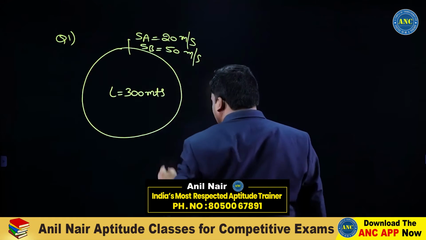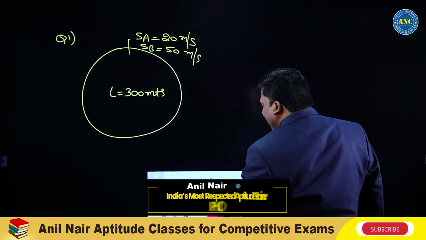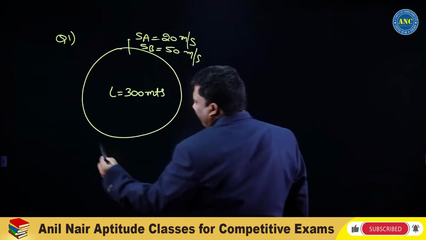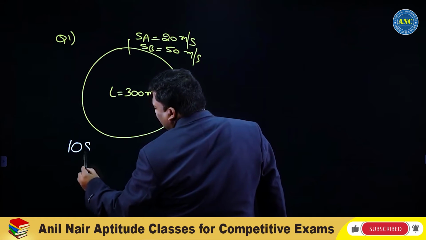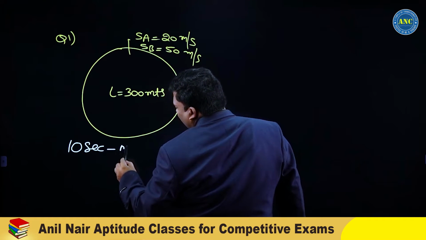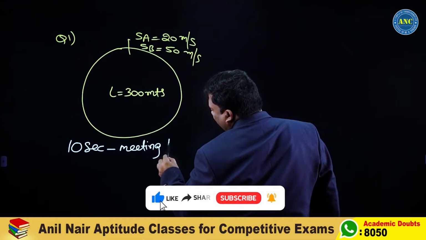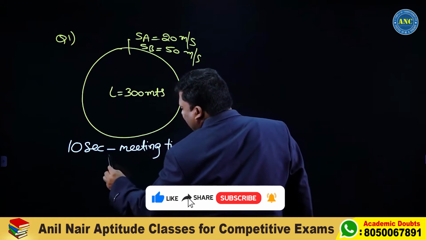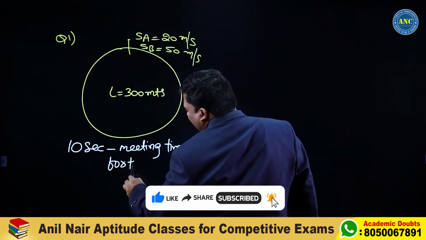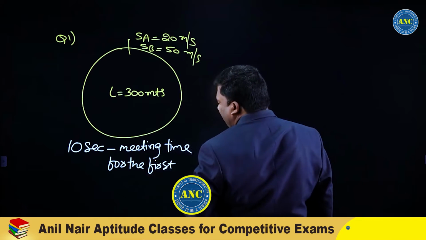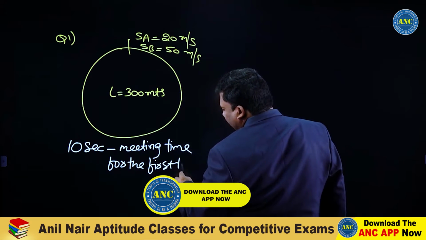After how much time will they meet? After 10 seconds they will meet. 10 seconds is the meeting time for the first time. Let us see it in the diagram. That means, in other words, for every 10 seconds they will keep on meeting.